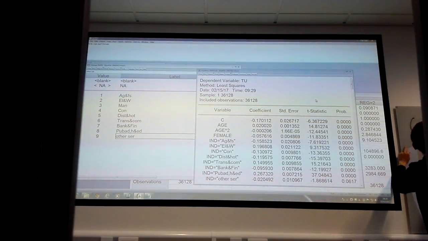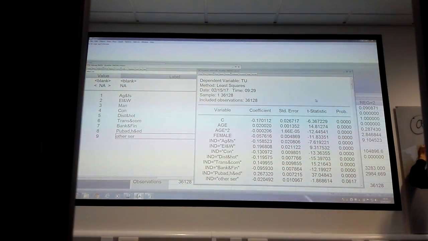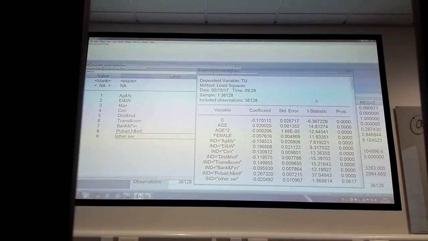So you type in @expand bracket, say for example int, and then comma @drop, and then a bracket. Inside you just put the value corresponding to the category that you want to drop.